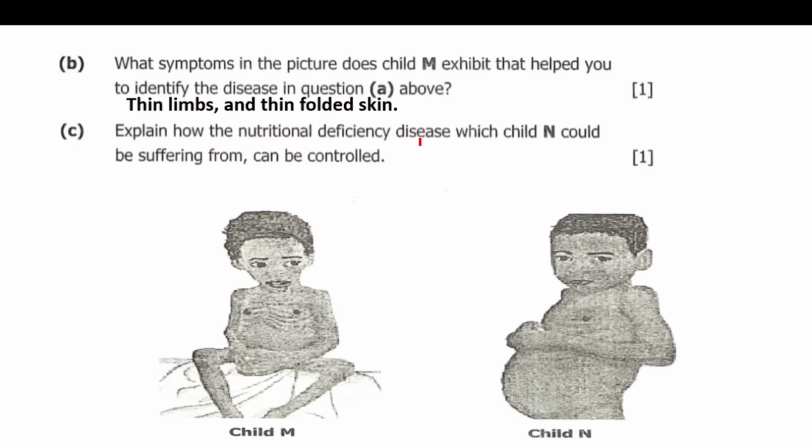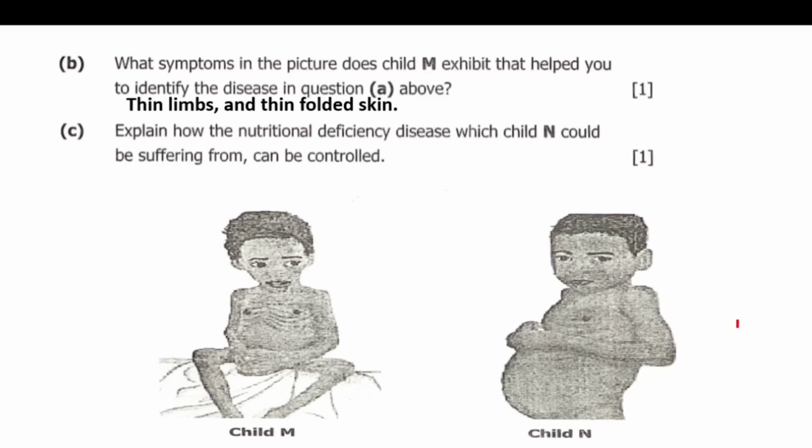Then C. Explain how the nutritional deficiency disease which child N could be suffering from can be controlled.